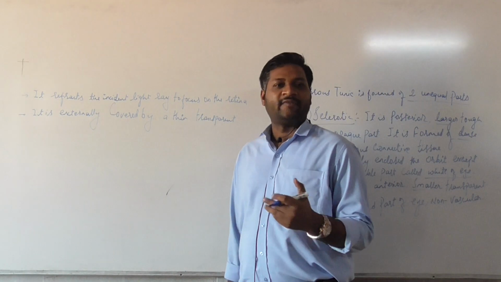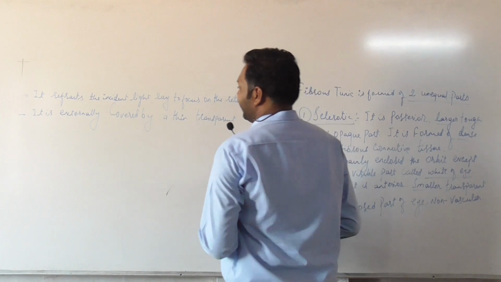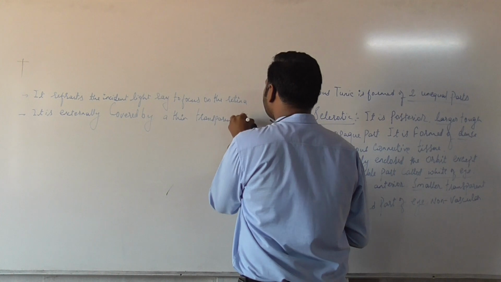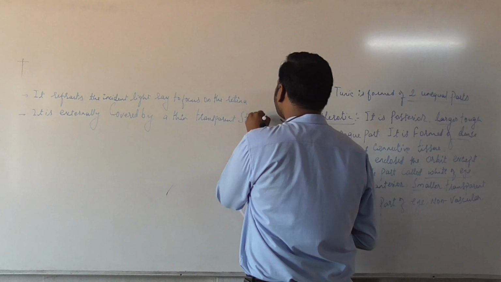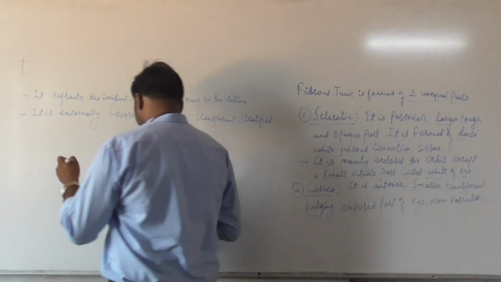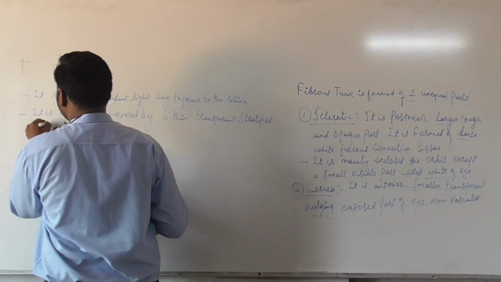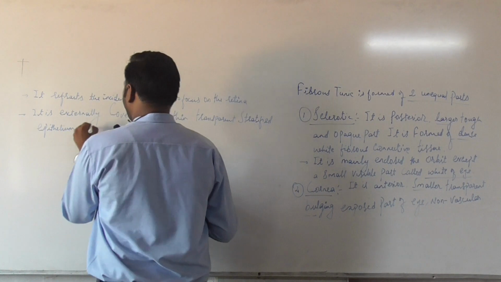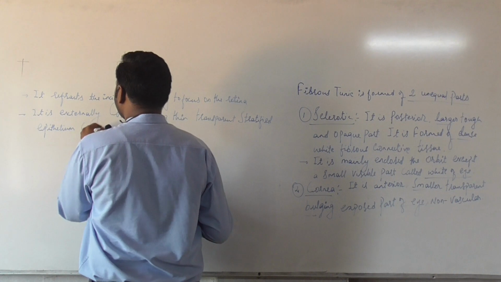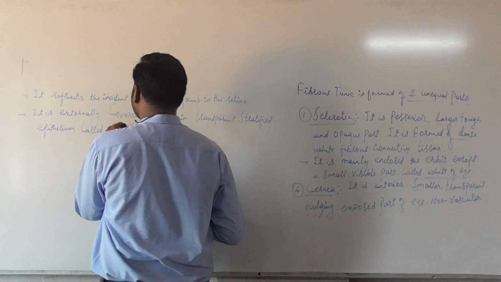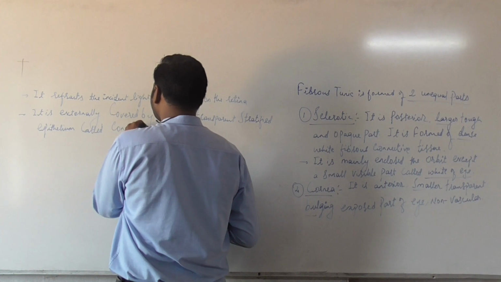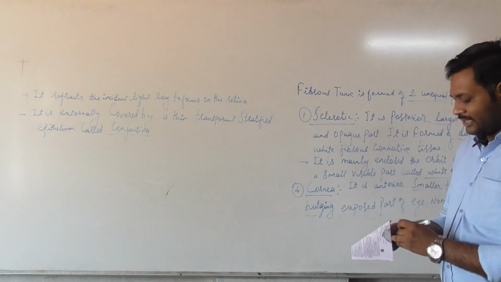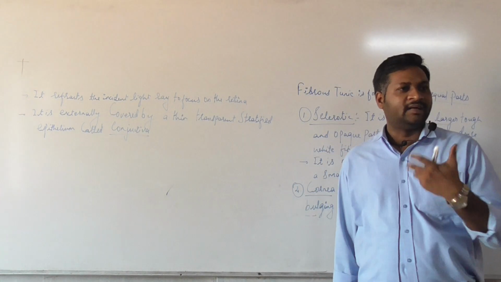Stratified in the sense multi-layered. So it is covered by a thin, transparent, stratified epithelium called conjunctiva.